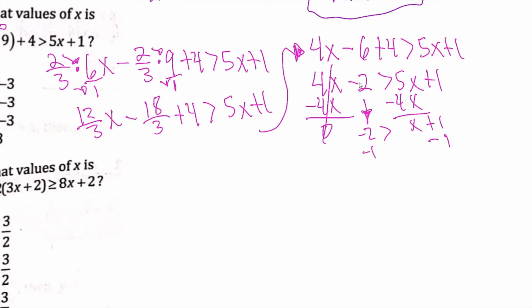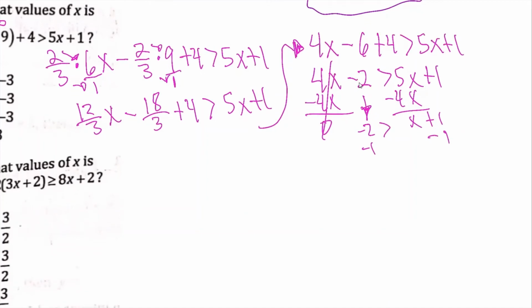Minus 1 on both sides. So here we have negative 2 minus 1 is just negative 3. This is 0, cancels out, right? So then we're going to have negative 3 is greater than x.